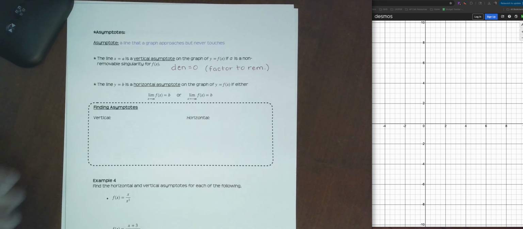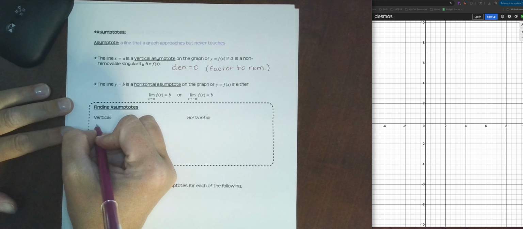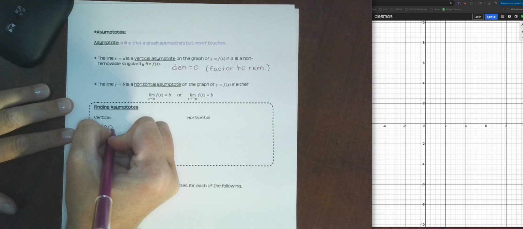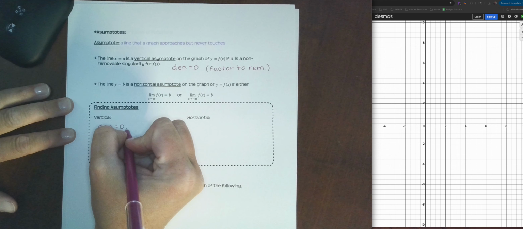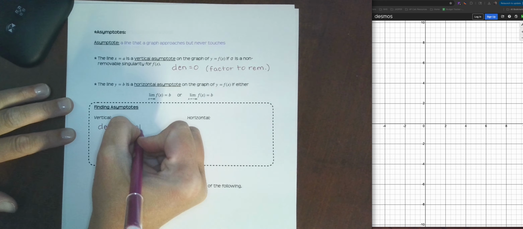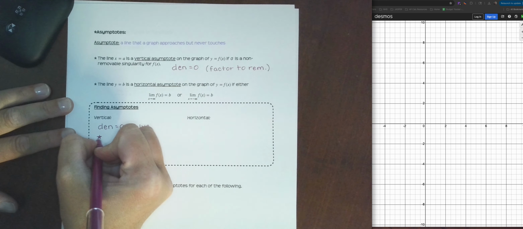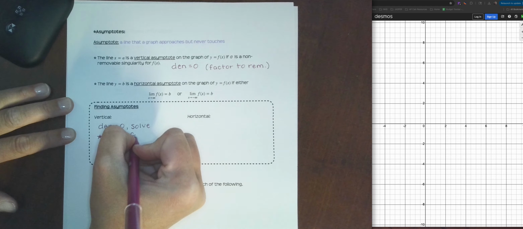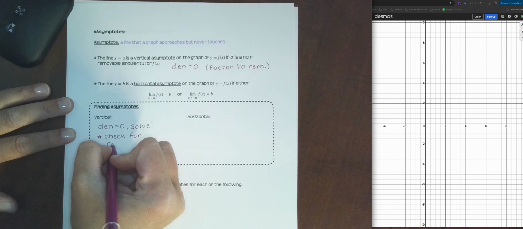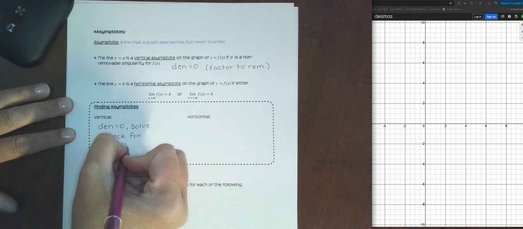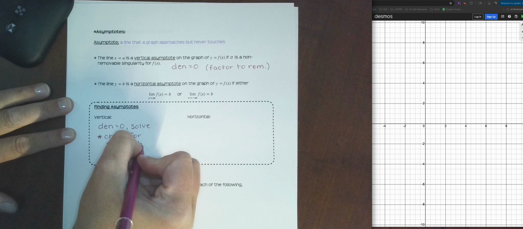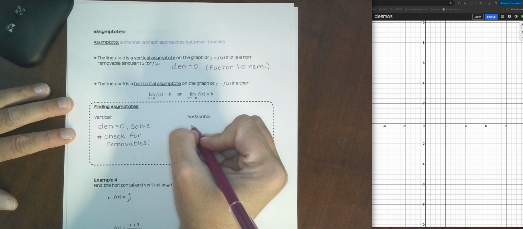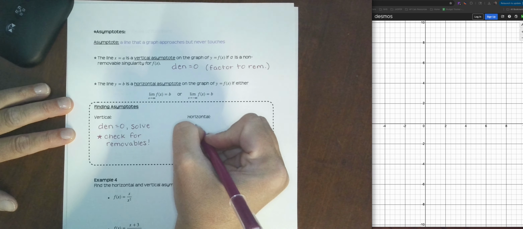Okay? So to find vertical asymptotes, we are going to set the denominator equal to 0 and solve. And then we are also going to check for anything that can be removed. Horizontal asymptotes, this is where we're going to use what's called the end behavior model.